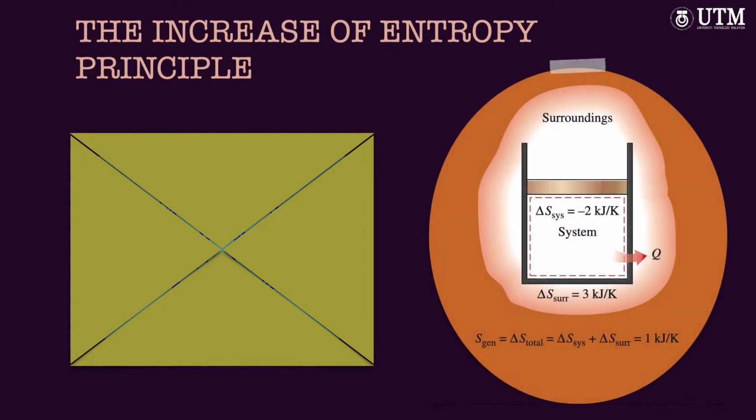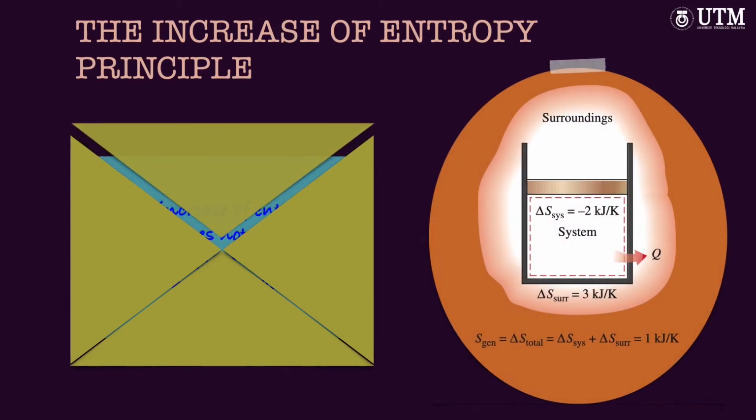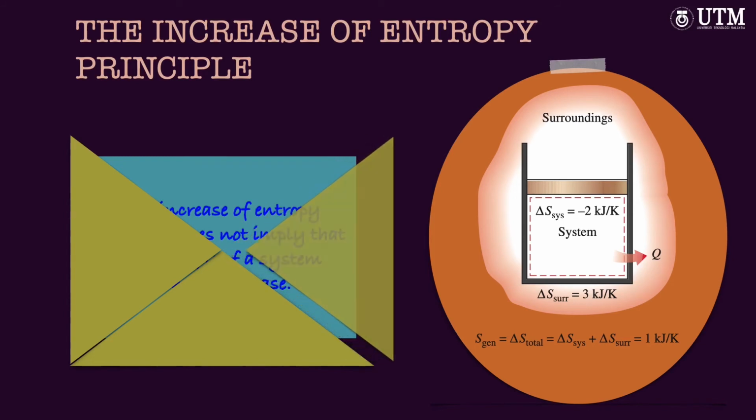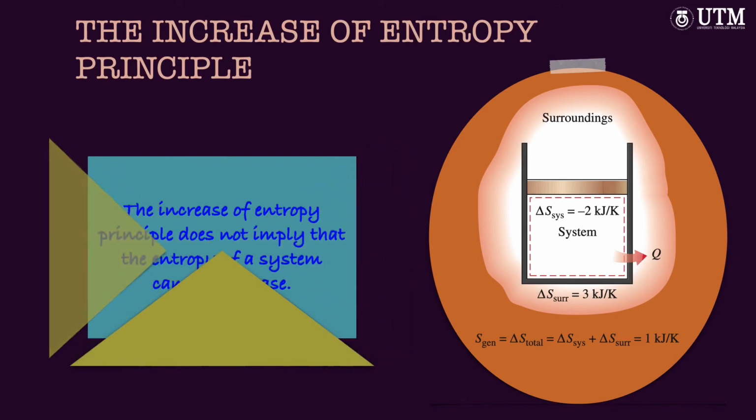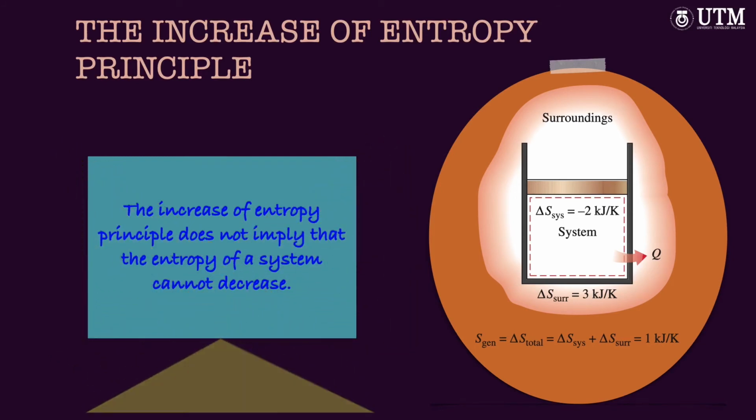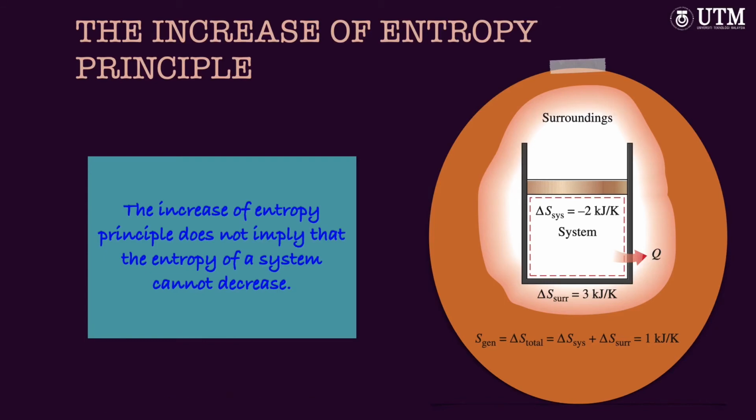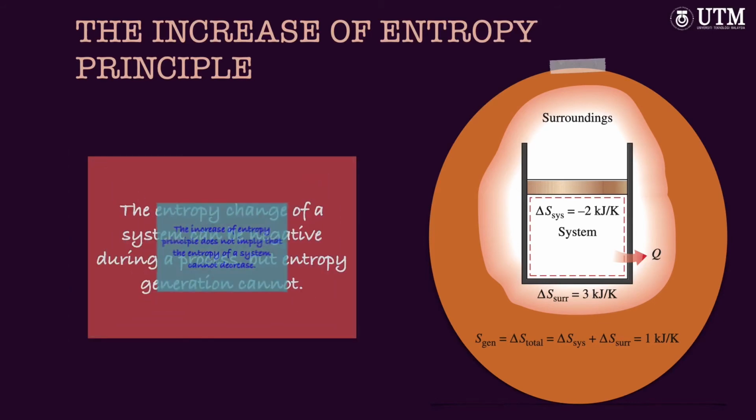The increase of entropy principle does not imply that the entropy of a system cannot decrease. The entropy change of a system can be negative during a process, but entropy generation cannot.